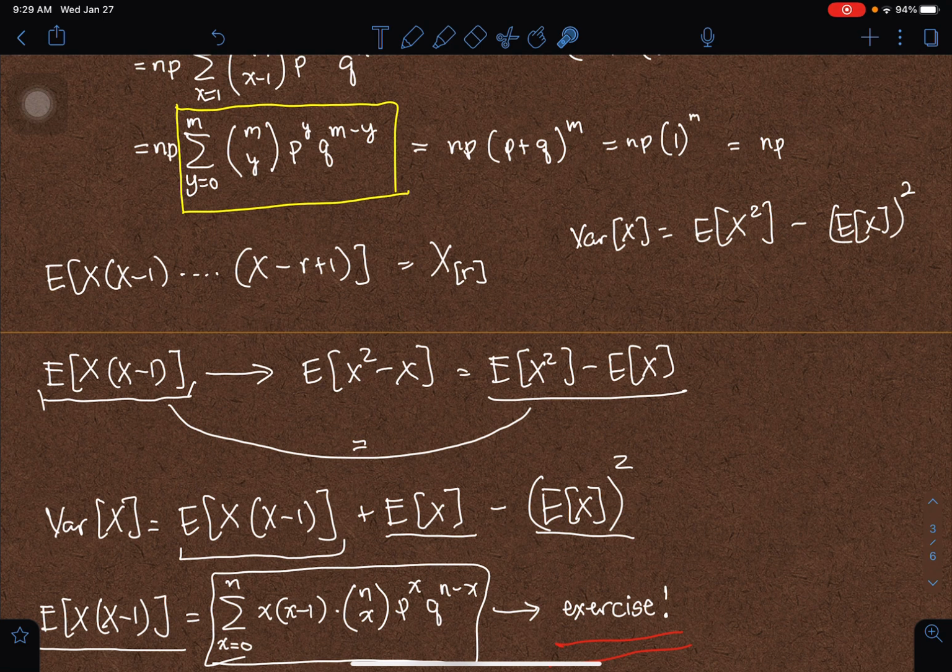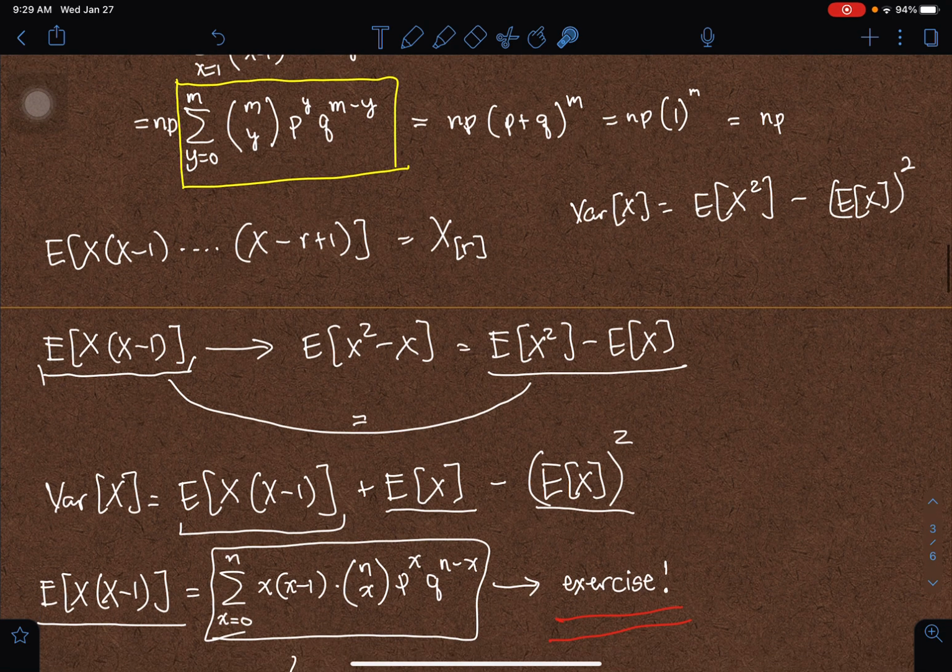Okay, now we know that the variance is the expected value of x squared minus the square of the expected value of x. So if you're going to use this expression in deriving the variance, then we will have the variance of x equal to the expected value of x times x minus 1 plus the expected value of x minus the square of the expected value of x.